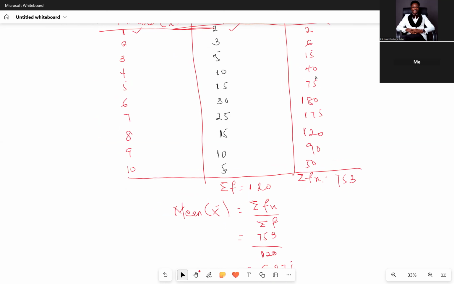Let me give you a similar one to try. The frequency table below should. Okay, let me write it for you.